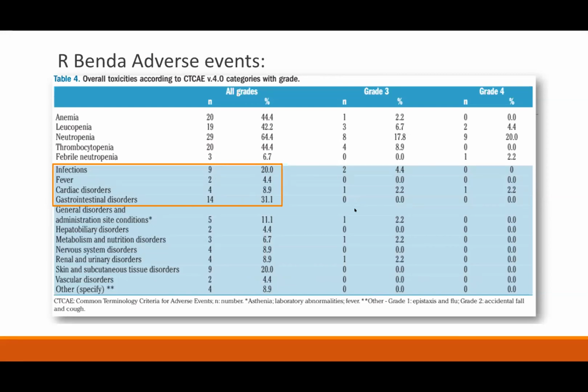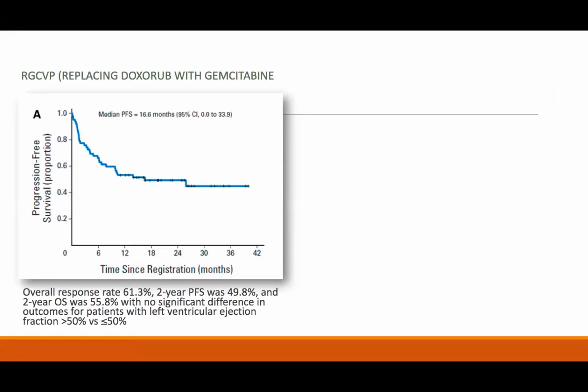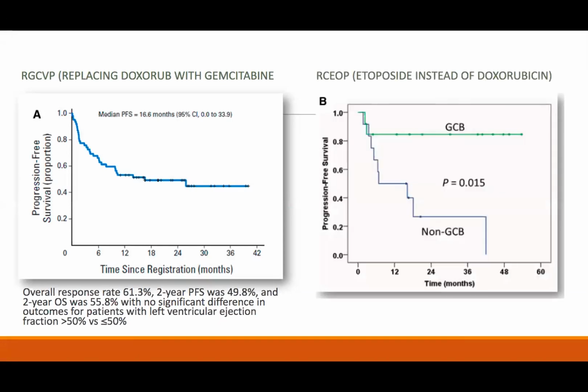So only 4.4 or only 9% patients developed toxicity, cardiac toxicity. Again, he has already showed us that if we replace etoposide, the GCB variant can actually give us above 80%. So this is my last slide.